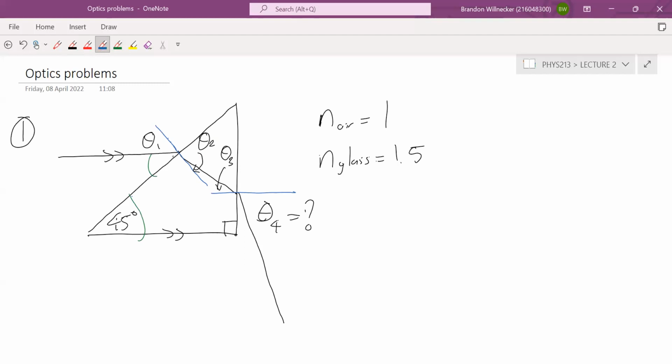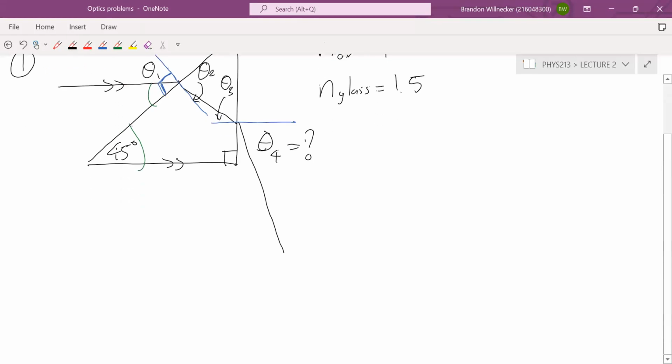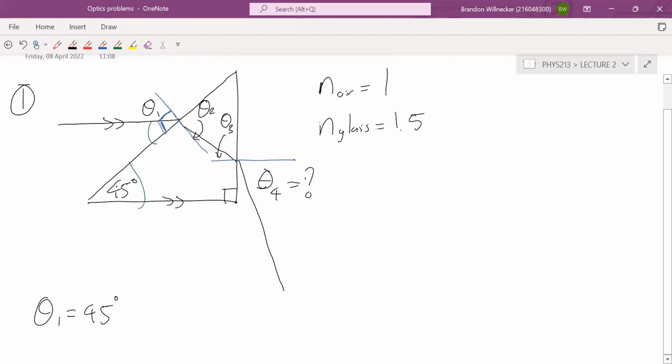And secondly, we know that the normal is 90 degrees to the surface. So if the second angle here in green is 45, then theta 1 must also be 45 so that it adds up to 90. So theta 1 is equal to 45 degrees. Okay, so that's good. Next, we can then find theta 2, theta 3, and then theta 4.